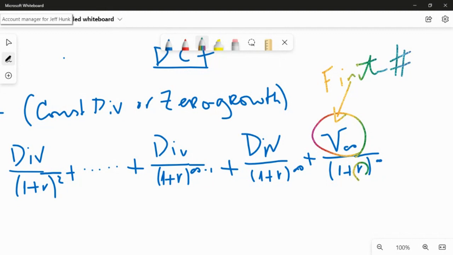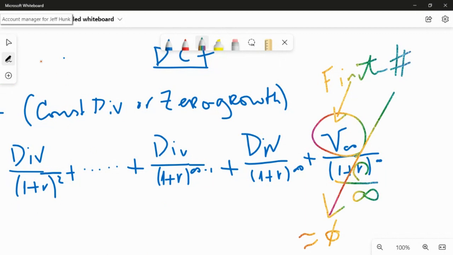But no matter what, 1 plus r raised to infinity will become an infinitely large number. You divide a finite number by an infinitely large number, and this term drops out. It becomes almost close to zero. So we don't need to worry about that. That is the reason we are only considering dividends.